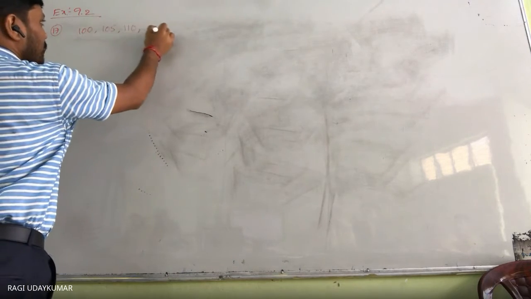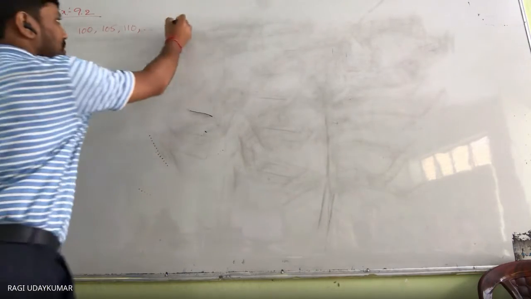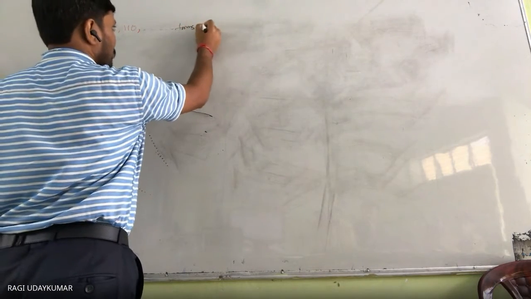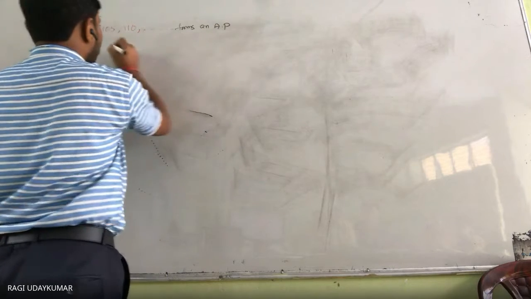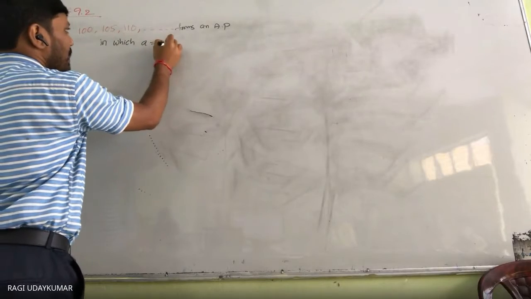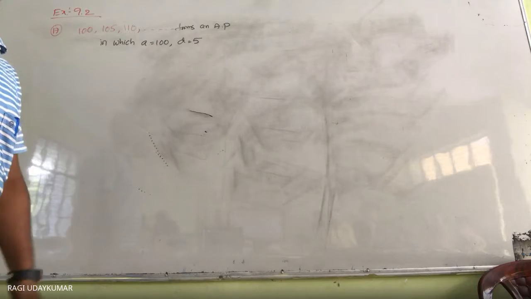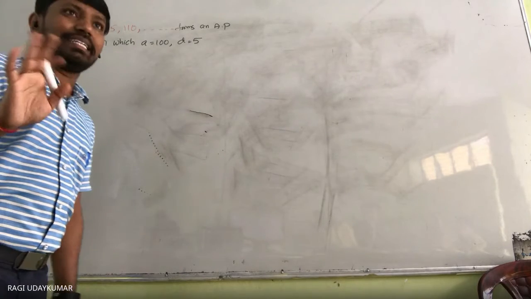So what the 30th installment is forms an arithmetic progression, in which, yes, simple question, a is equal to 100 and d is equal to 5. And you are asked to find A30, not S30.